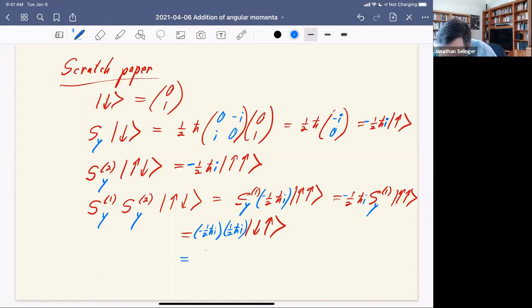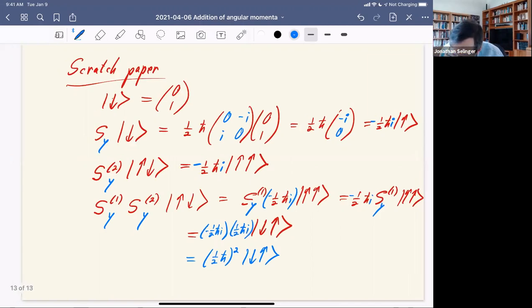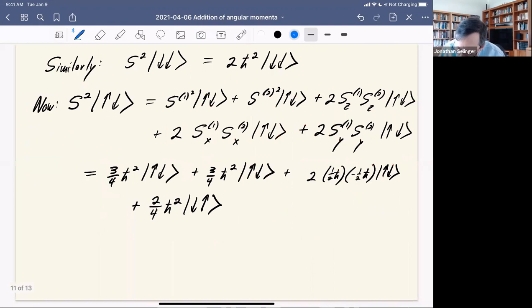So this is a half h bar squared times the state down, up. So if I put this result from scratch paper into the calculation, there is a 2/4 h bar squared down, up.